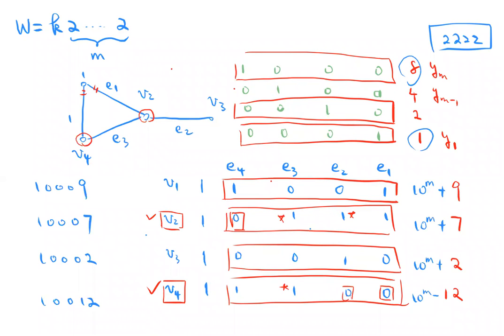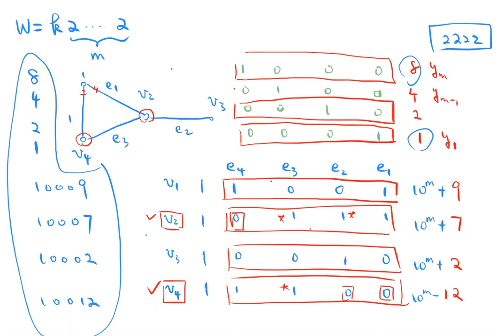These are the actual 4 numbers we construct. And plus these 4 numbers, 8, 4, 2, 1. So these will be our numbers corresponding to this graph. These will be our actual numbers. And if k equals 2, then our number is 2, 2, 2, 2, 2. That's our W.